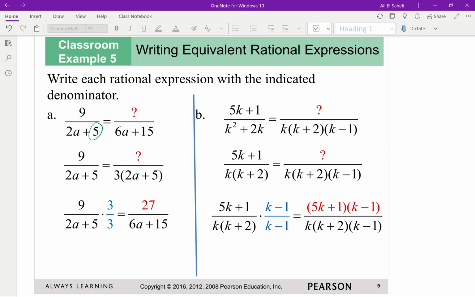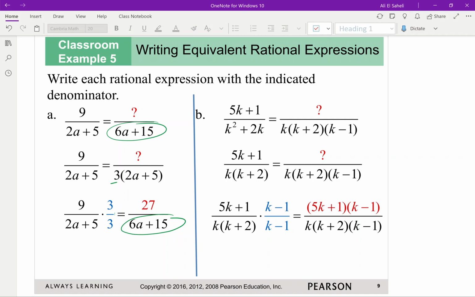Same with the 5, it must be multiplied by 3. So I have to multiply the whole thing by 3, which means I have to multiply up and down by 3. So multiplying numerators, you get 27. Multiplying denominators, you get the desired denominator.